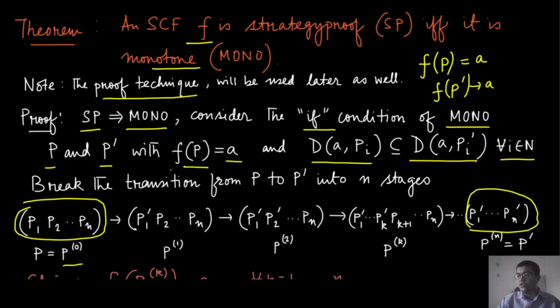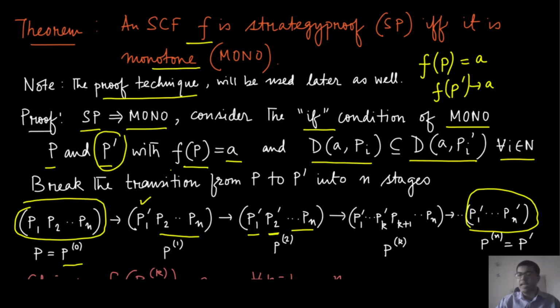From P0 to P1, only player 1's preference changes to P1 prime, which is the same P1 prime of the preference profile P prime. So only player 1's preference has changed, and everybody else's preference remained the same. In the second transition, only player 2's preference has changed to P2 prime. All other players' preferences remain the same.